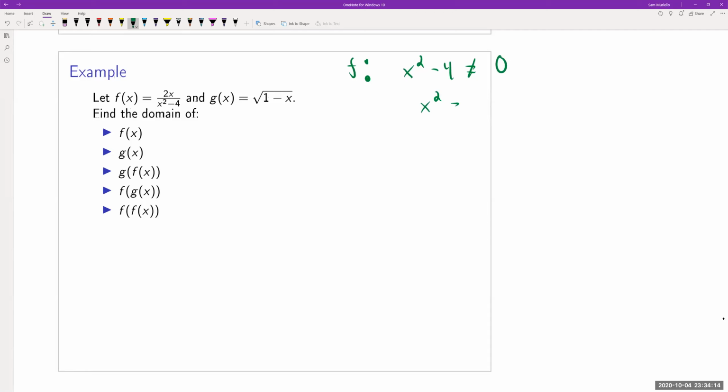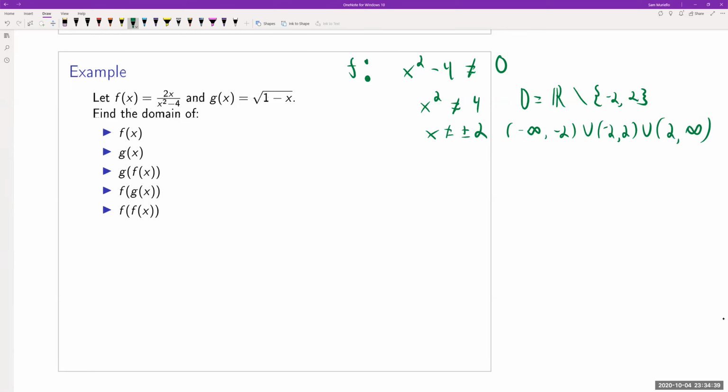That means x squared cannot be equal to 4, and x cannot be plus or minus 2. In other words, the domain is equal to either the real numbers except for negative 2 and 2, or in terms of what my open math wants, negative infinity to negative 2 unioned with negative 2 to 2 unioned with 2 to infinity.